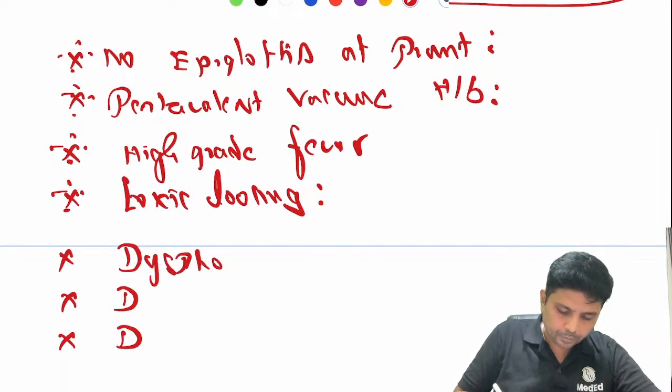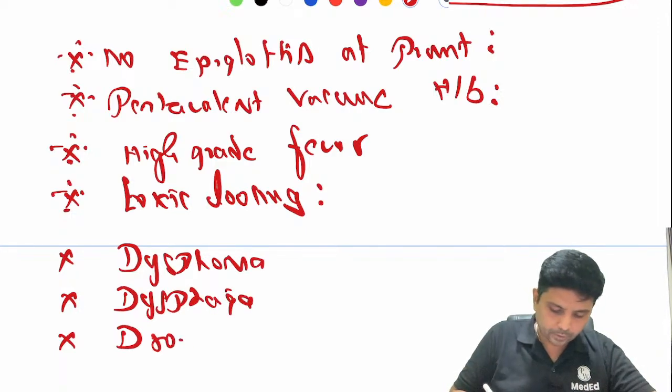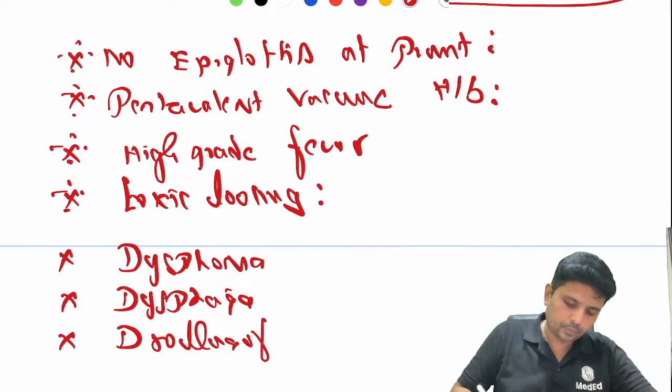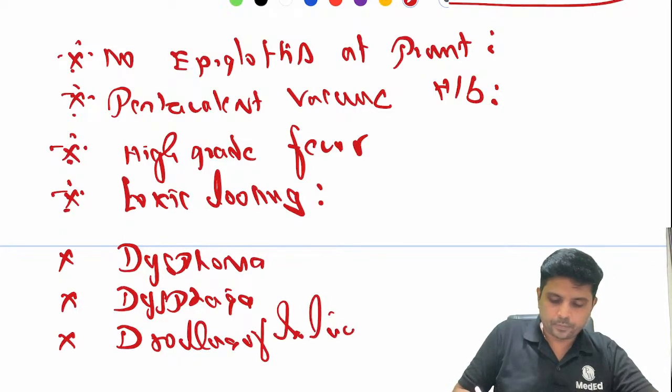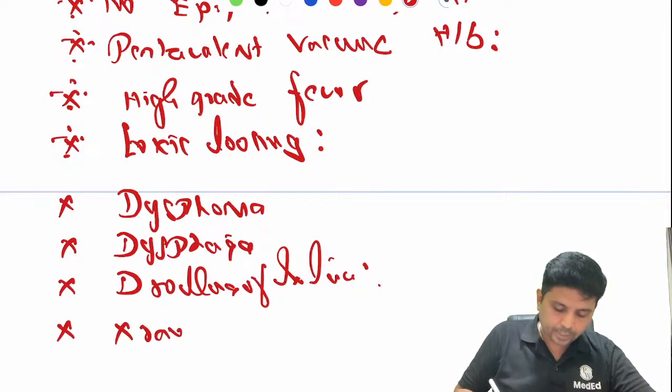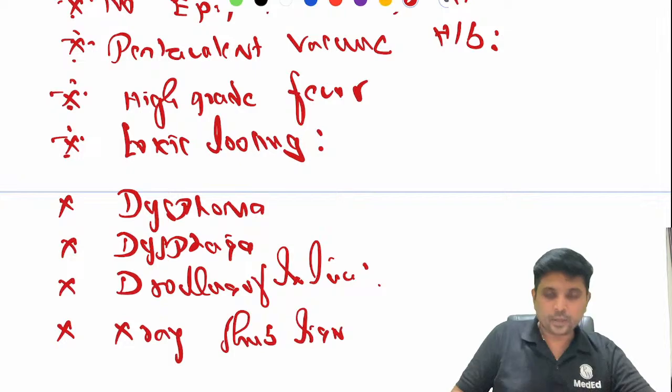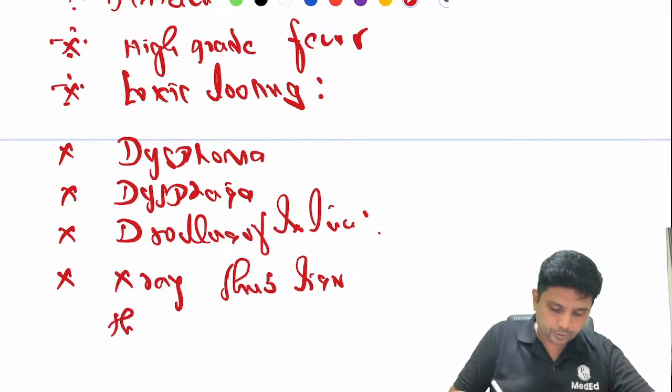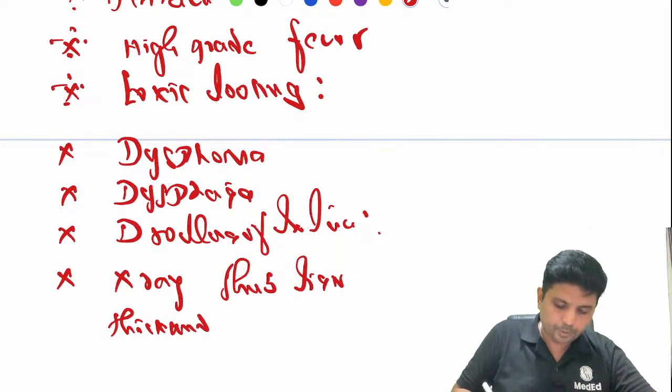Dysphonia, voice will be gone. Dysphagia, can't swallow, along with drooling of saliva. And in X-ray you will get the thumb sign because of a thickened epiglottis.